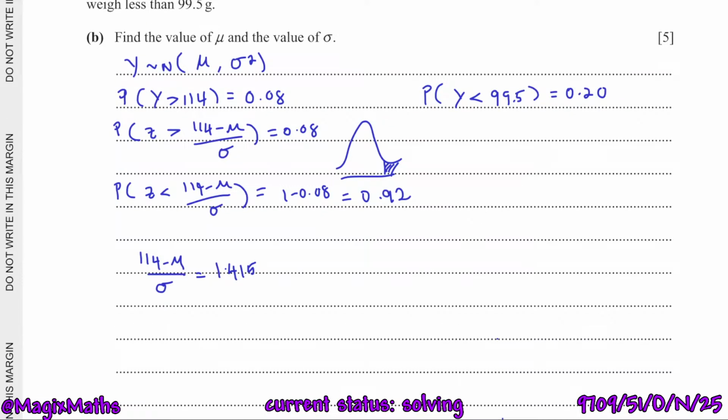So next part is this one. Let's convert that to our z-score. So the z-score of 99.5 minus mean divided by standard deviation is 0.20, and then look at the graph, sketching the graph. We have the small part, so we want to flip it.